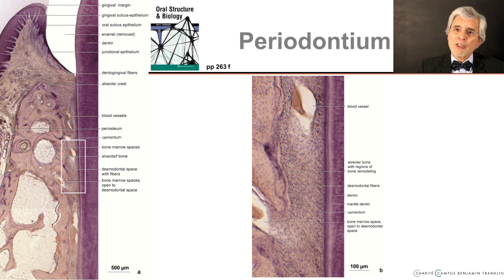You can also see many cells, especially fibroblasts here. And of course, the periodontal space is also filled with all kinds of other cells, like for example macrophages and cells of the immune system. And in addition, this periodontal space is also filled with fluid, which is also connected to the bone marrow spaces.